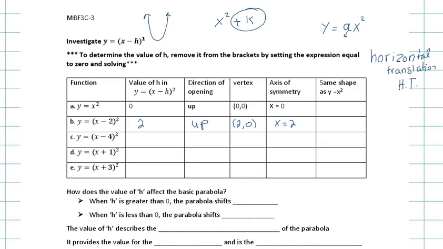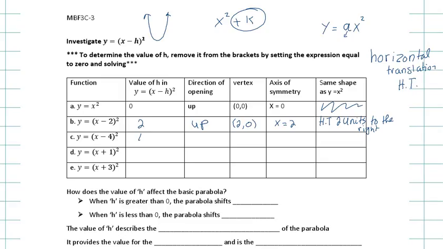So, horizontal translation, 2 units. You don't have to write it for the first one. It doesn't do anything. That's my parent function. Okay? 2 units to the right. Okay? What's the value of H for the second one? 4.